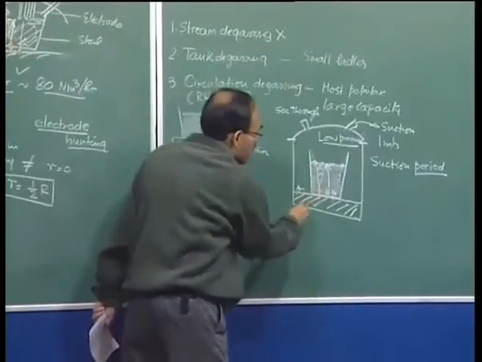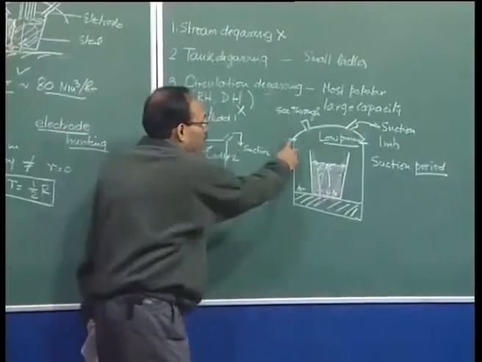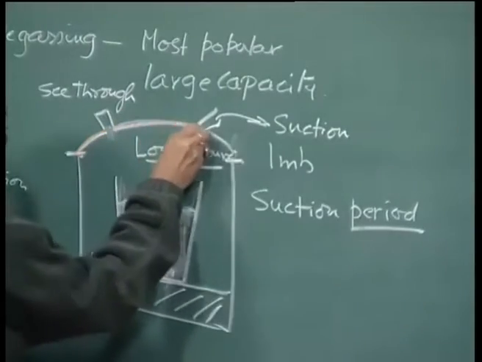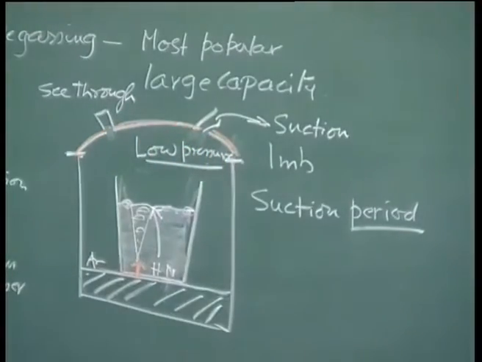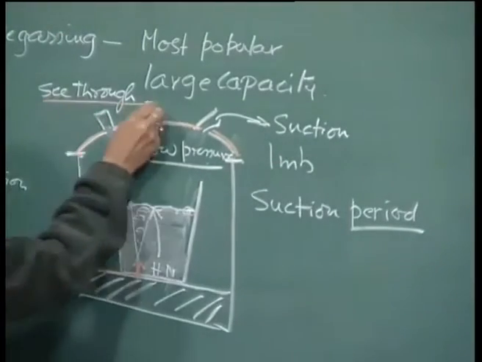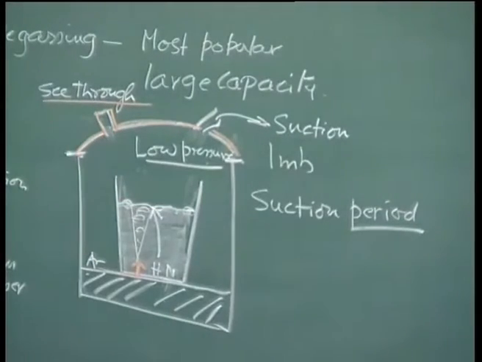That is the arrangement, and then an additional cover is brought and put over the tank, this particular cover I am talking about. Once this cover is brought, it is made airtight, and then the suction starts, and one can monitor through this see-through window and see the progress of the degassing process itself.